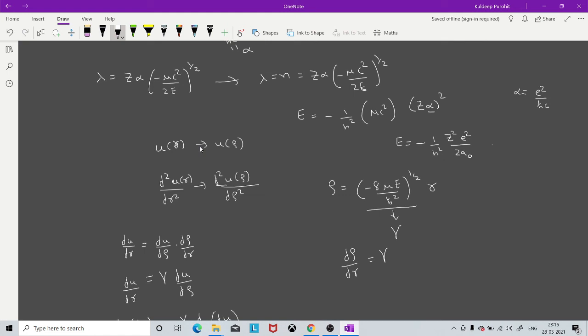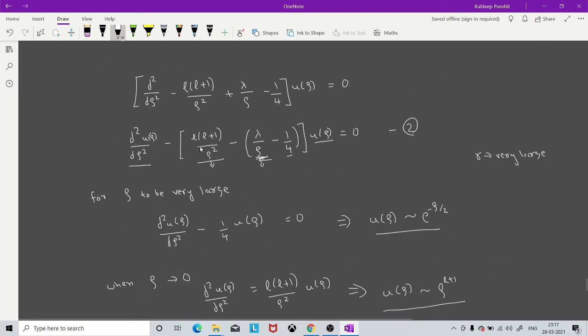So I have again introduced a variable a0, which is nothing but the Bohr radius, and the Bohr radius is equal to h cut square by m e square. So this is the value of the energy eigenvalue.